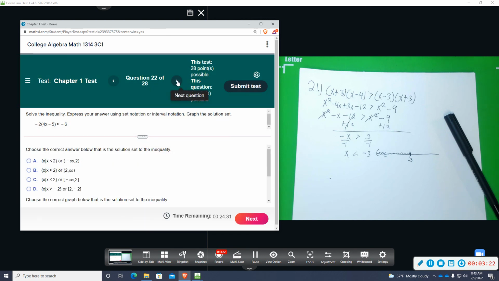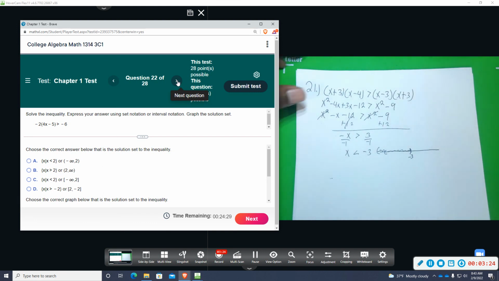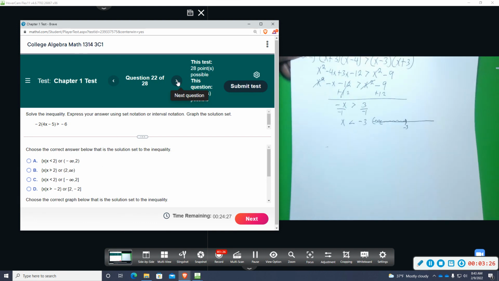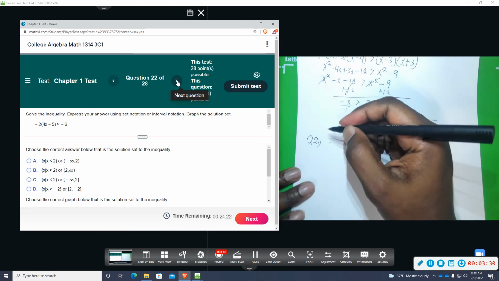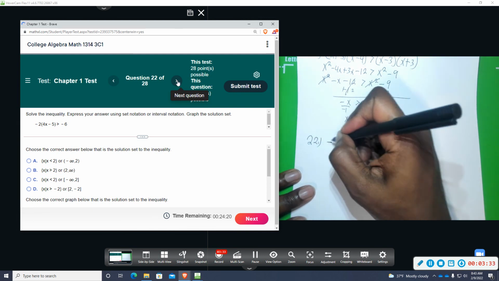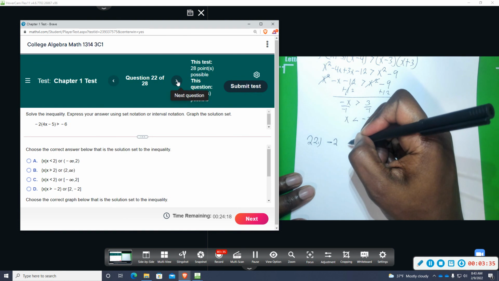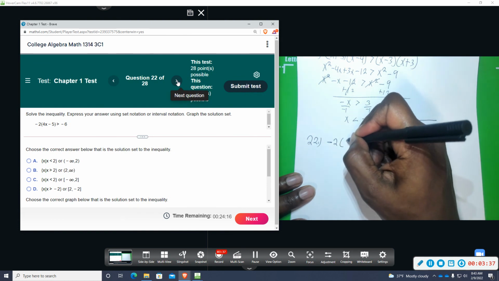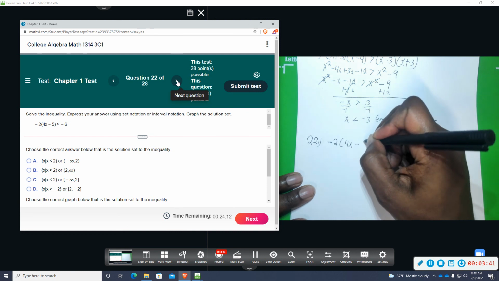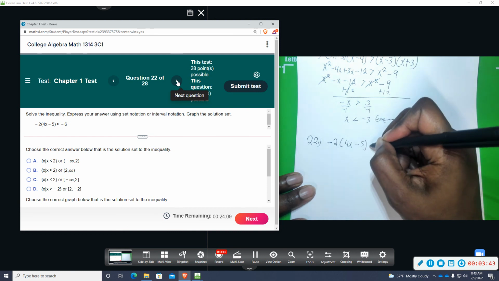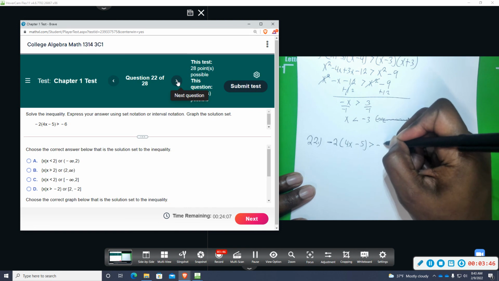And then number 22, one of similar nature. We're going to solve this inequality. So we have -2, and then parentheses 4x minus 5 greater than -6.